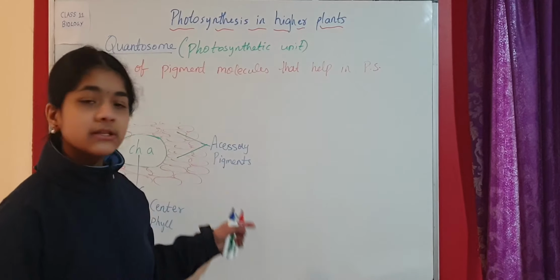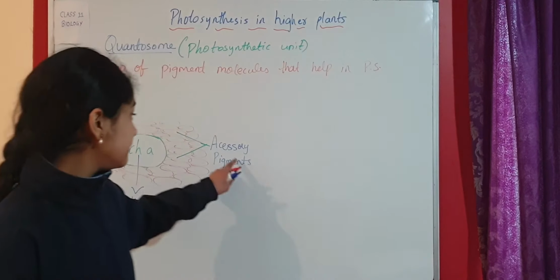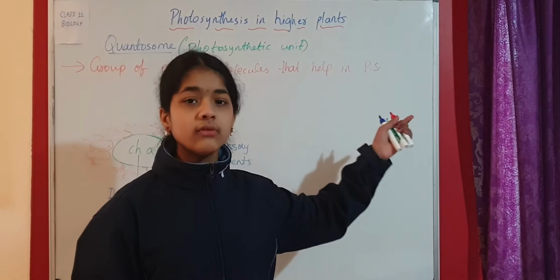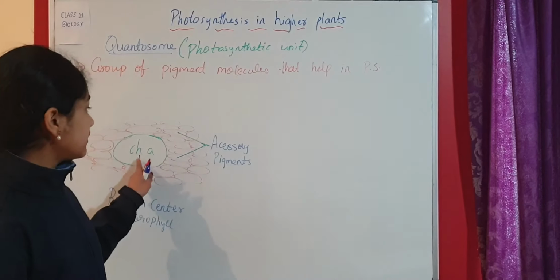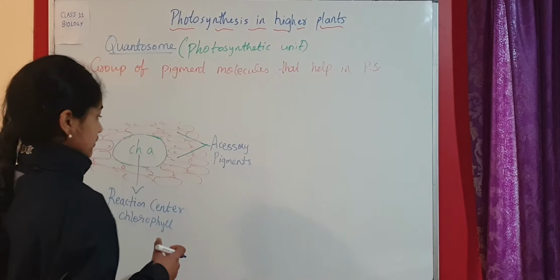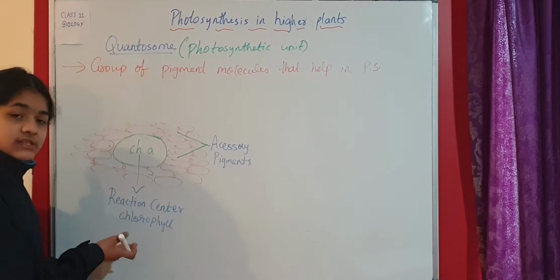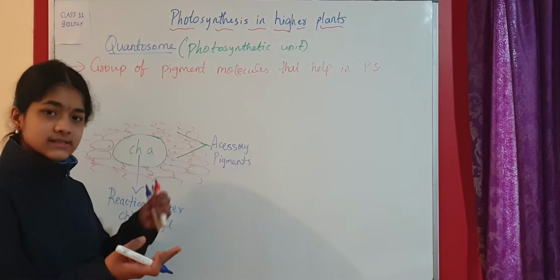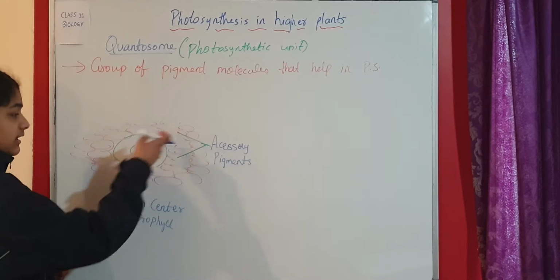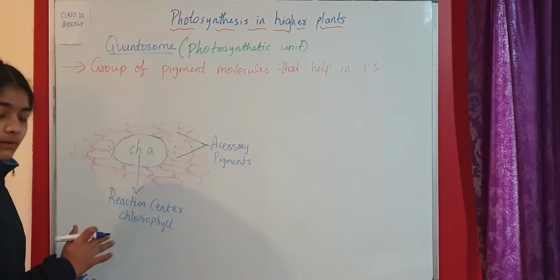So accessory pigments means they are helping pigments. They help the chlorophyll A to do the process of photosynthesis, to do its function. So we have the reaction center chlorophyll in the middle, and the accessory pigments present around this chlorophyll A, which is the main pigment.